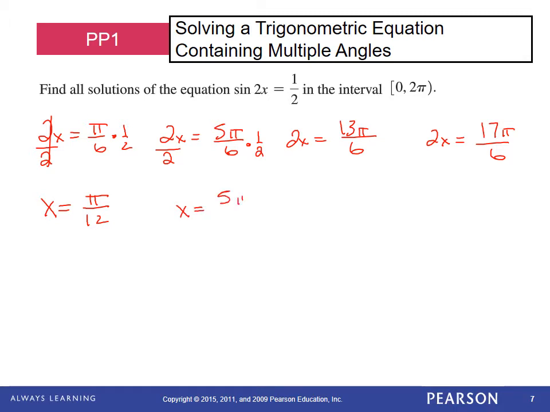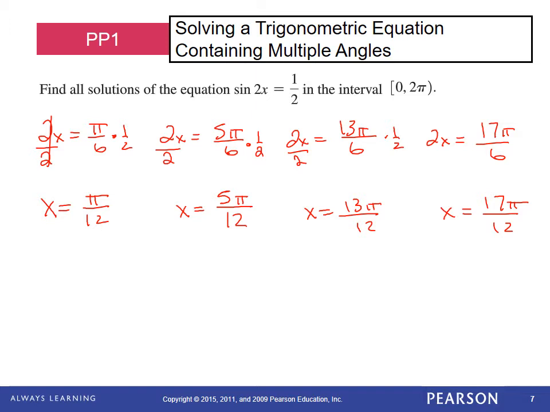So you can solve these a little faster once you know what the first one is, especially once you know 5 pi over 12 is going to be an answer. At that point, you can just add it all together here, or put patterns in. So x is equal to 13 pi over 12, and x is equal to, not even going to do the work here because I know it's going to be a 12 on the bottom.